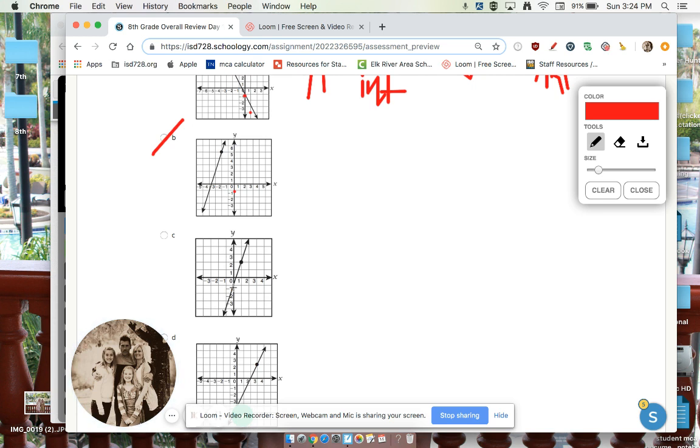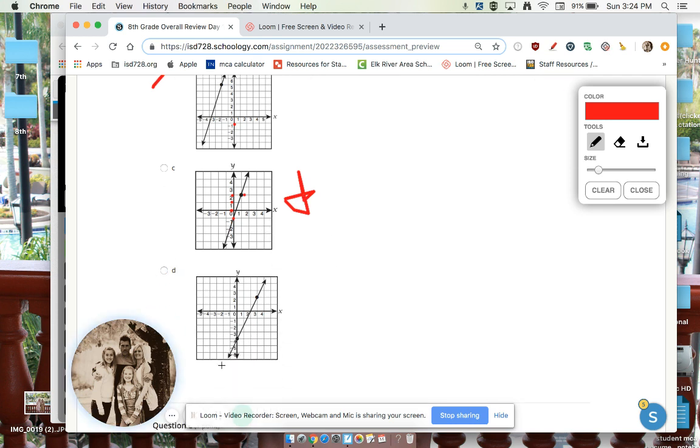This one crosses the y-intercept at negative 1, and my slope is up 1, 2, 3 over 1. So yep, that one looks really good. I'm going to check, that's a star. I'm going to check my next one just to make sure I'm right. My y-intercept at negative 1, and it's not. It's way down there. So that tells me that C is right.